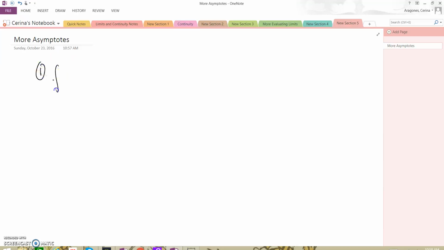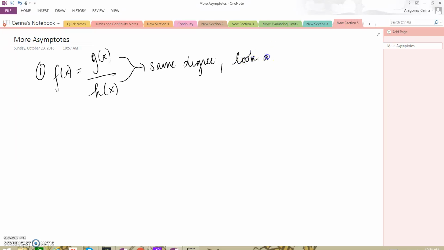One, if your function has the same degree in the numerator as the degree of the denominator, then you would have to look at the coefficient of the terms with the highest degree.